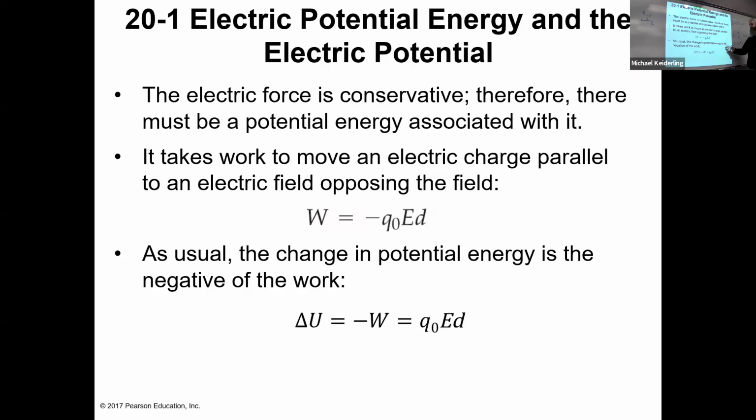And as usual, the change in potential energy is the negative of the work. So the change in potential energy is minus work, which is Q naught times the electric field times the distance.